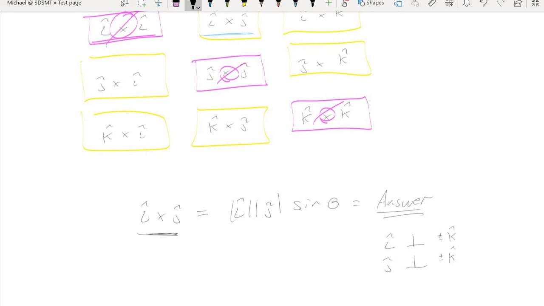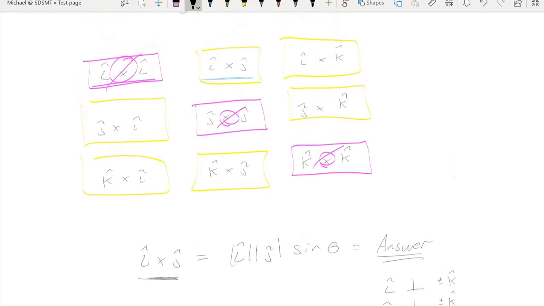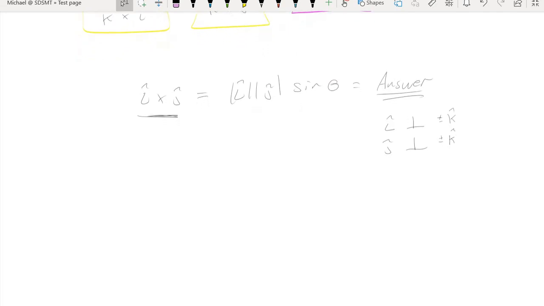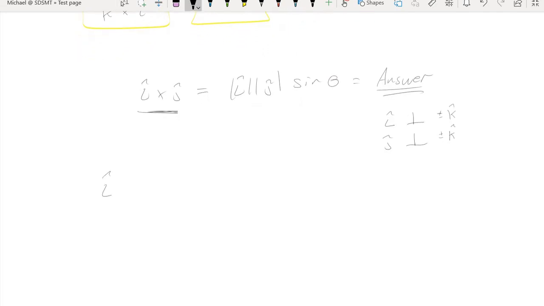Either of those would be 90 degrees with respect to i and j. So which one is it? Again, we're kind of at that 50-50 choice of what's going to happen. Is it a plus or a minus k hat? That's the question.